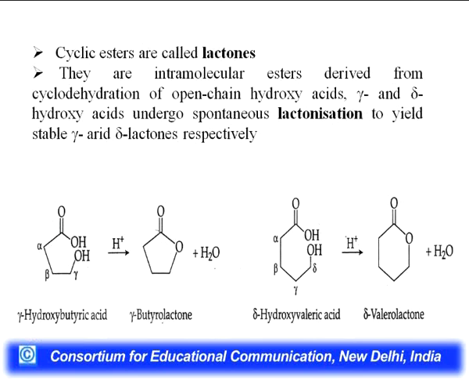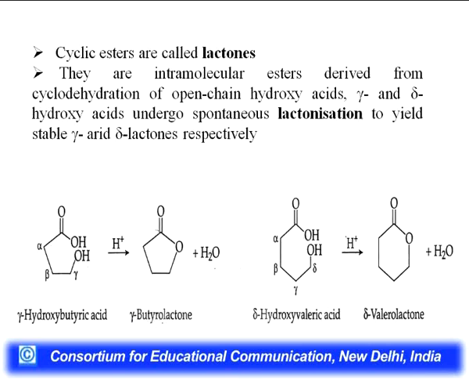Cyclic esters are called lactones. You can see the structure. These are intramolecular esters derived from cyclodehydration of open chain hydroxy acids. Gamma and delta hydroxy acids undergo spontaneous lactonization to yield stable gamma and delta lactones respectively.